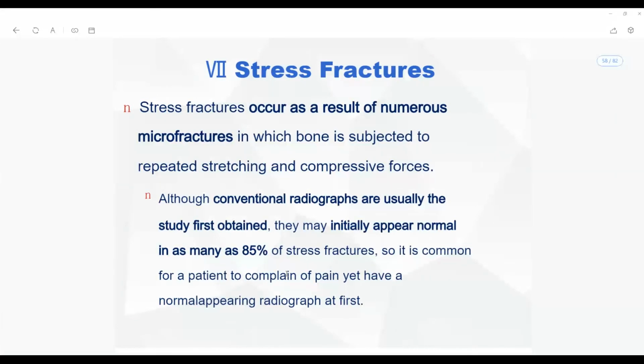So the main complaint is that the patient is going to complain of pain for a long period of time. Whenever your baby is talking about pain and pain and pain, make sure that he is not abused first. The second thing, make sure he is not having any kind of growth related problems. If a baby is complaining of pain, do not ignore it.